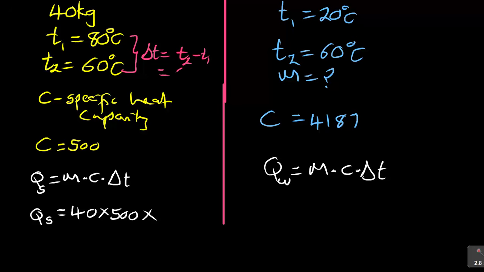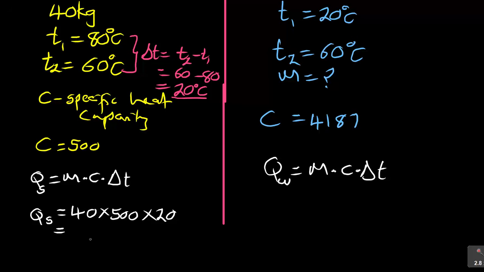So what is my T2? It's 60 minus 80. You are tempted to say the answer is minus 20, but ignore the sign and just write the positive one. Even if it's negative, 60 minus 80 is the same as 80 minus 60. Since we are calculating the change, the answer has to be a positive one. So it's 20 degrees, so you have times 20 from 60 minus 80.